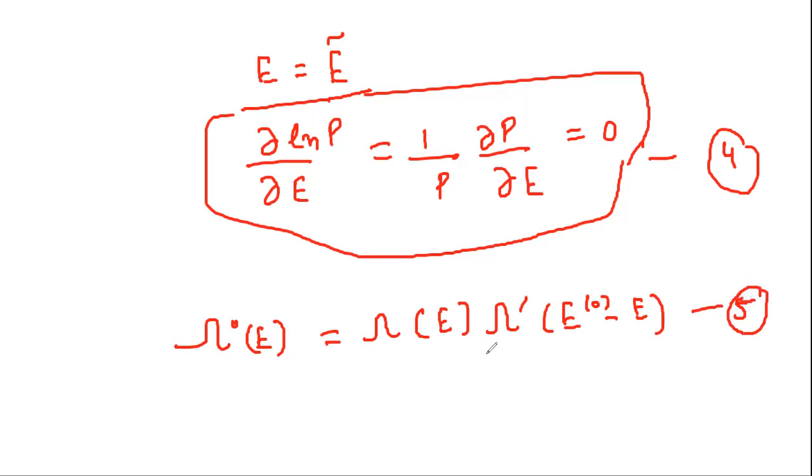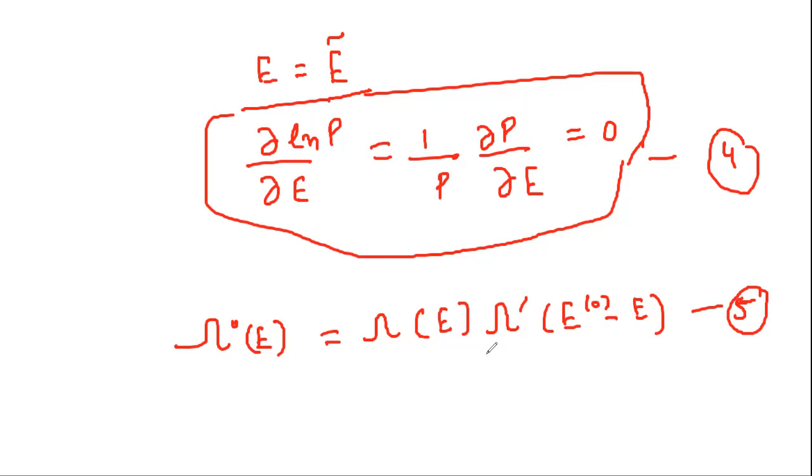Let me justify it. See, when A has an energy E, it can be in any one of its sigma of E states, right? At the same time, A prime must then have an energy E prime equal to E naught minus E, so that it can be in any one of its sigma prime of E prime, which is sigma prime of E naught minus E, possible states.